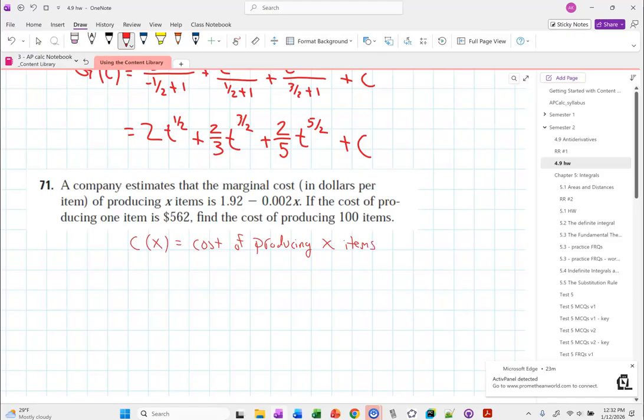So I'm going to just introduce some notation. I'm going to say that the function c of x is the cost of producing x items.